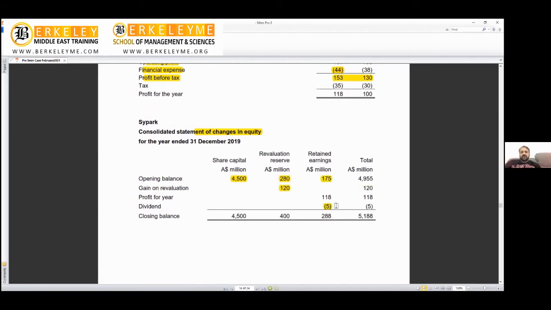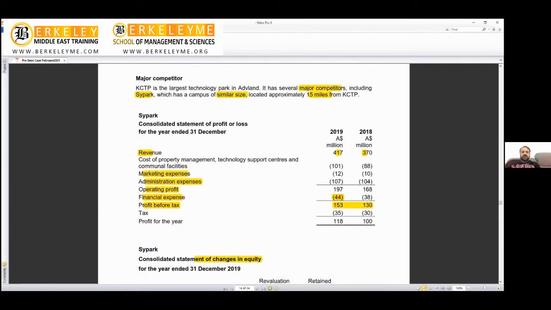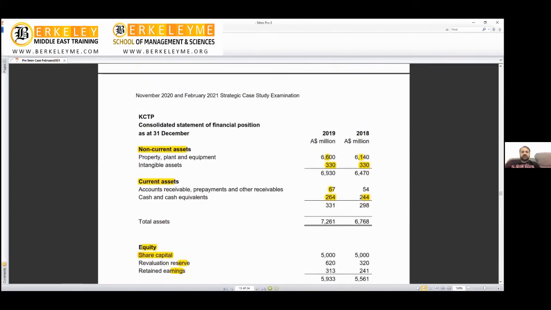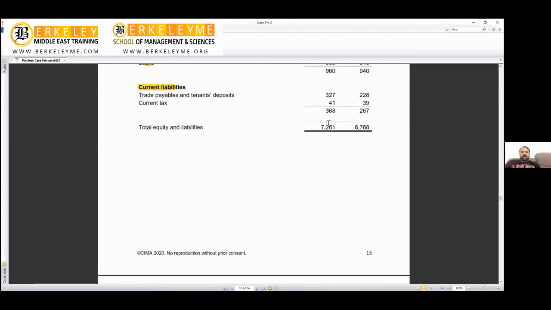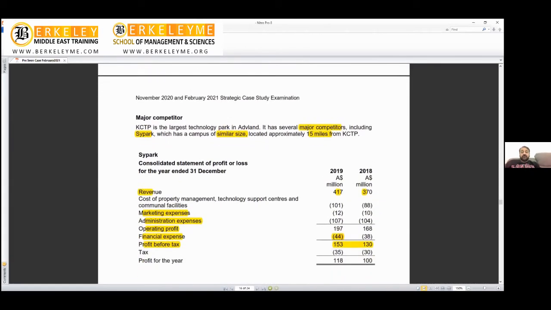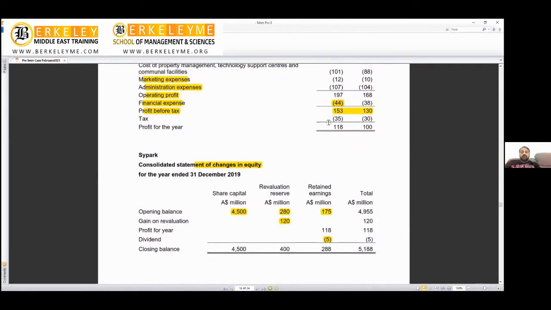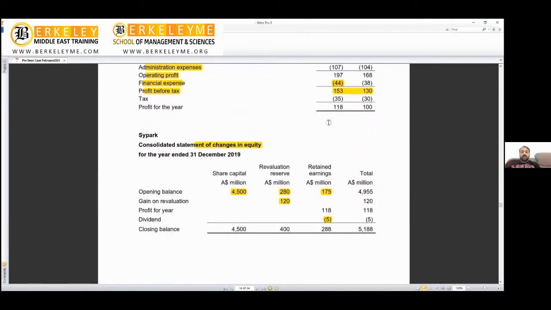Dividend: how much dividend did you give? Approximately 70. 74 is your dividend, so you are making your shareholders happier with a better dividend than your competitor.